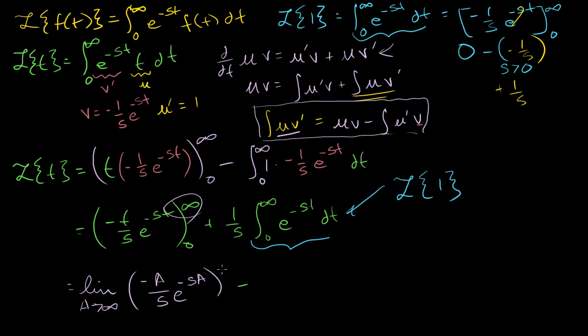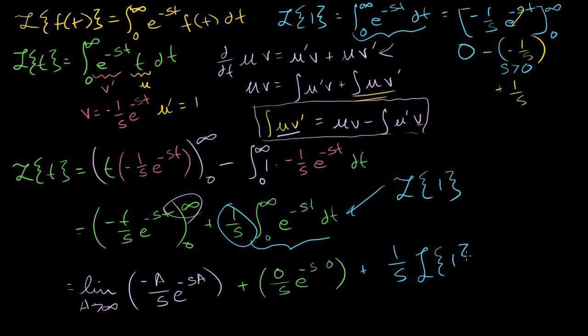So minus all of this, but we already have a minus sign here, so we could write a plus 0 over s times e to the minus s times 0. And then, of course, we have this term right here. Plus 1 over s, that's this right there, times the Laplace transform of 1.